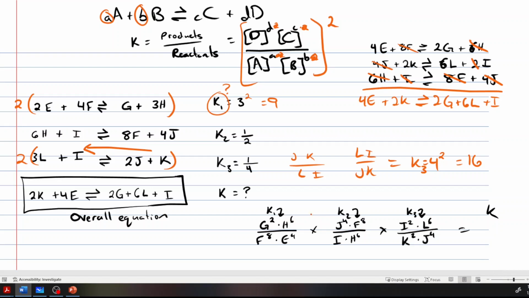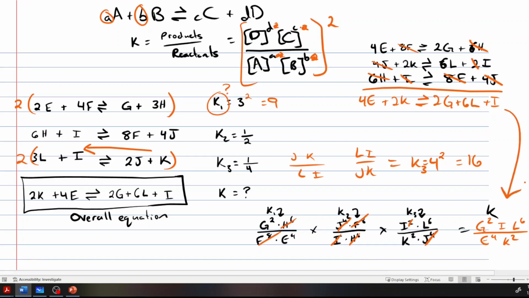So if you multiply these, then you'll get your H6 crossed out, one of the I's, J4, F8, there it is. And I think that is what remains for us, G squared, and we've got 1I and L to the 6th all over E to the 4th times K squared.